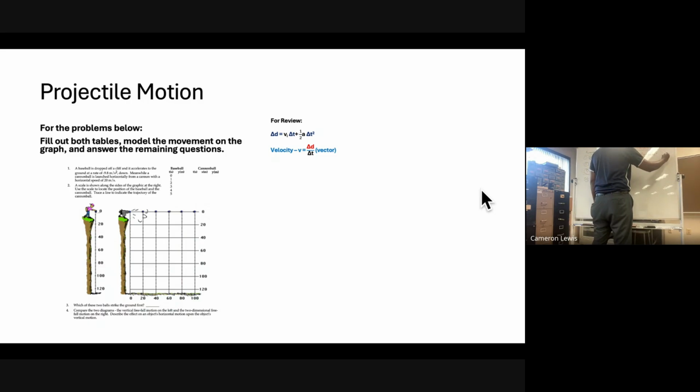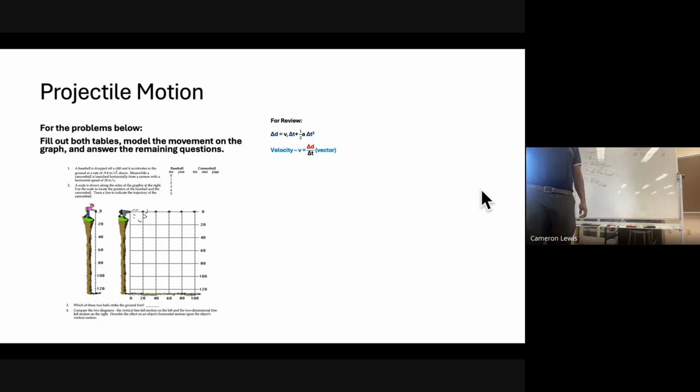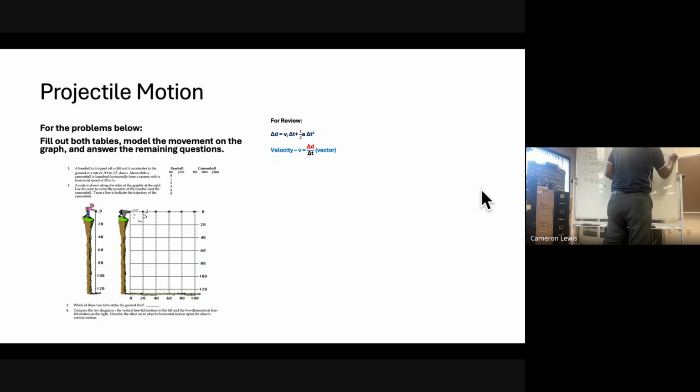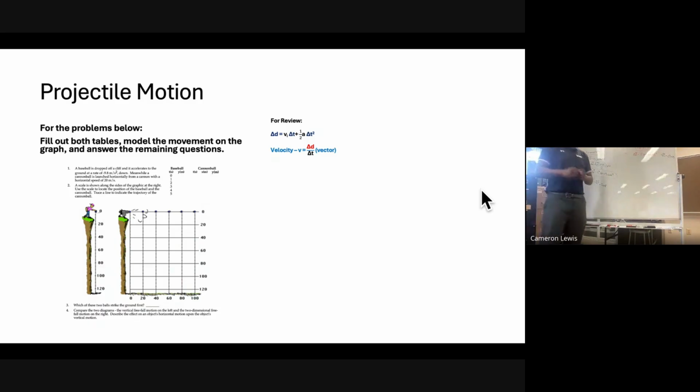Let me start with my initial velocity. If I'm in free fall, I'm just like the baseball. I'm holding it, and then I drop it. But when I start my motion, what is my initial velocity? 0, right? So now I can say my initial velocity is 0. This is in free fall. What does that do to my equation?